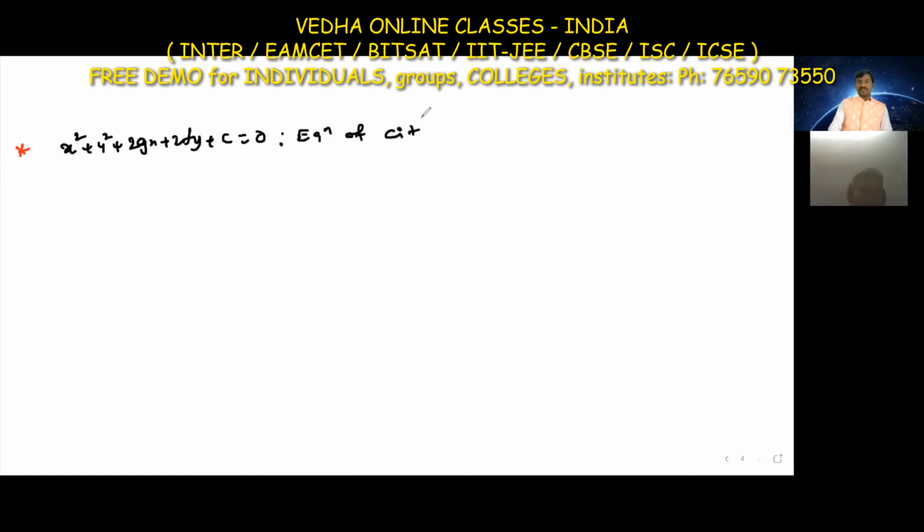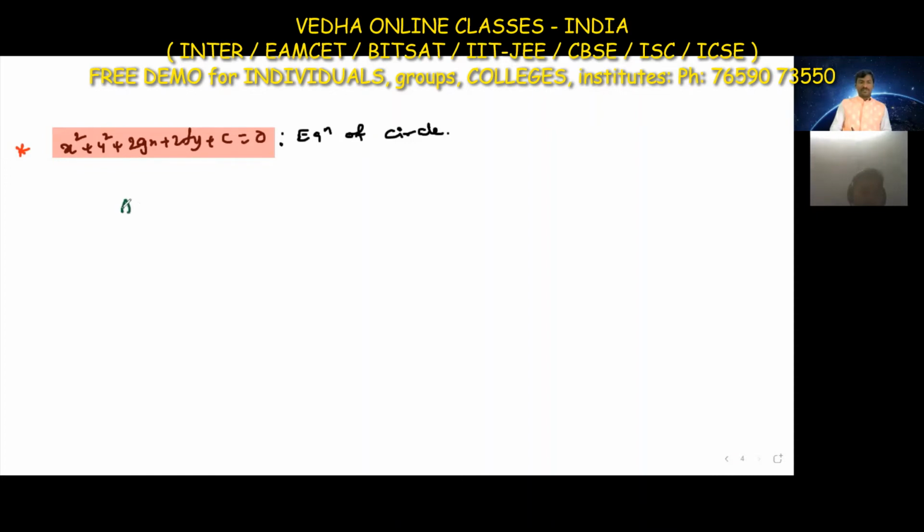Now, whenever a circle equation is given, it may be in this form or in any other form, for example x square plus ay square. So how do we find the center easily from such an equation?